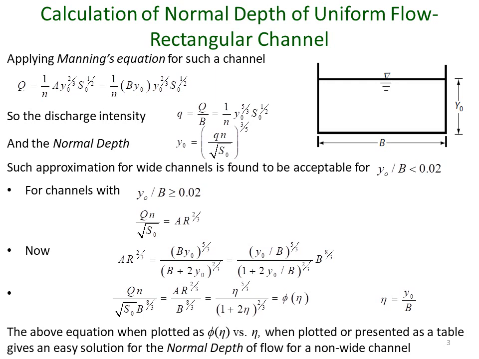And the normal depth, if we manipulate the equation, is given by y naught equals small q into n by root under S naught, whole raised to the power 3 by 5. So this is the expression of the normal depth of uniform flow in a wide rectangular channel.